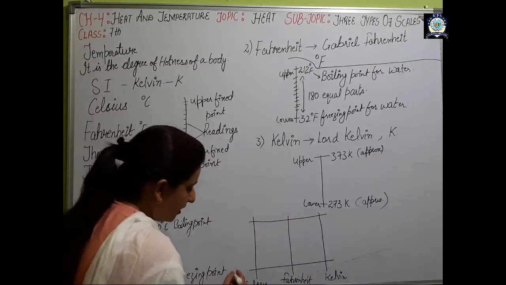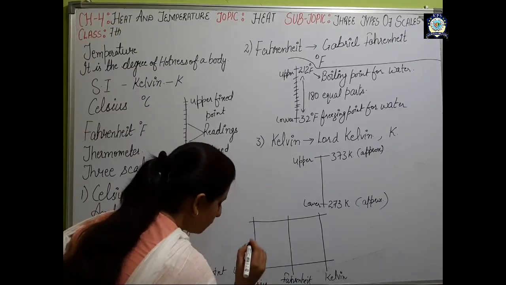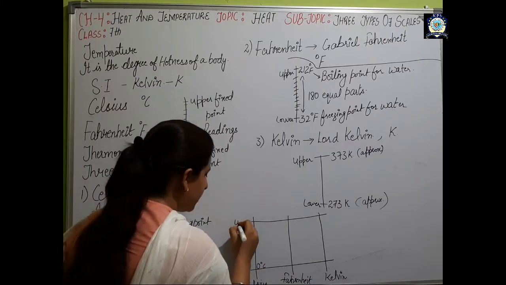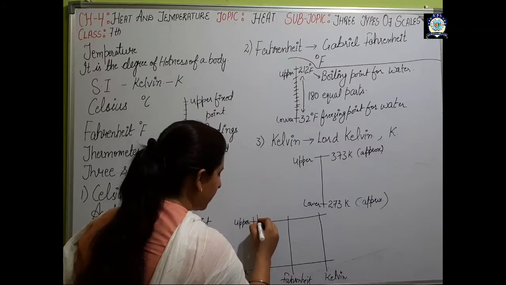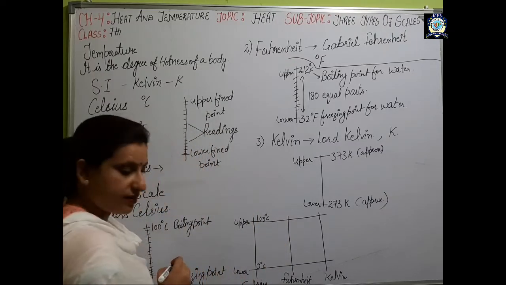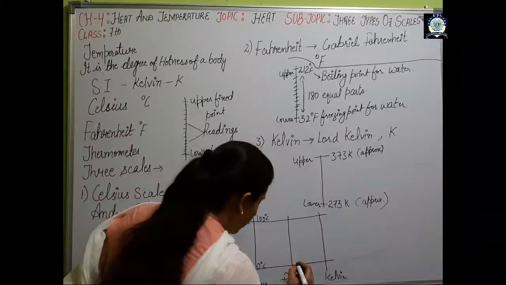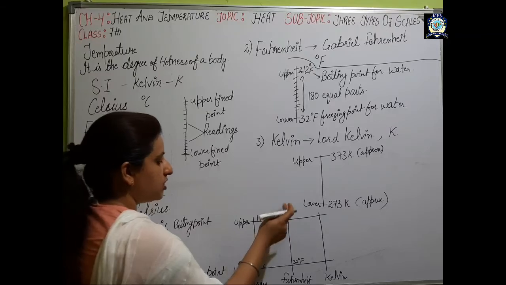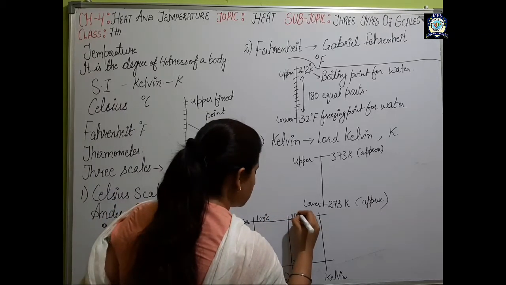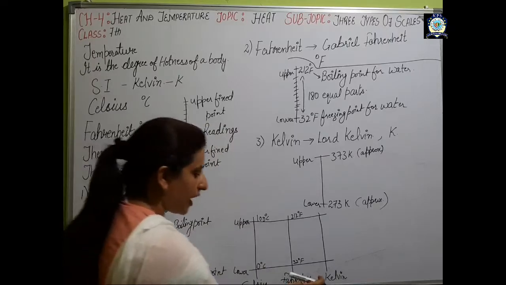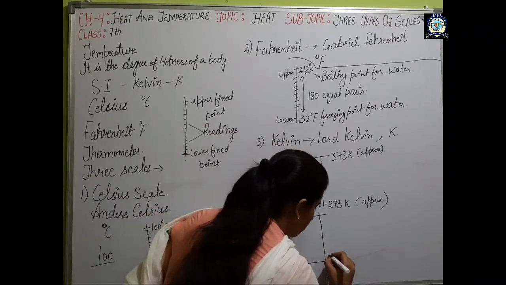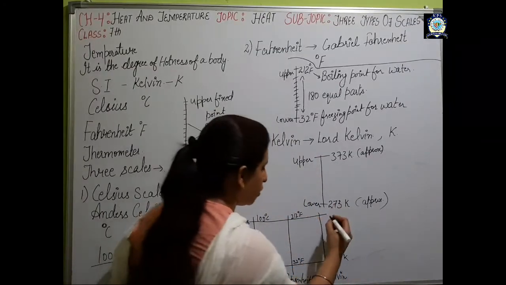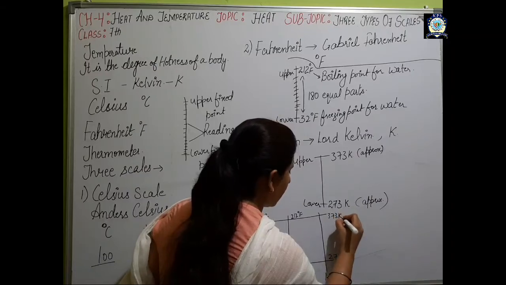In the Celsius scale, the lower fixed point has the value of 0 degree Celsius and the upper fixed point has the value of 100 degree Celsius. In the Fahrenheit scale, the lower fixed point has the value of 32 degree Fahrenheit and the upper fixed point has the value of 212 degree Fahrenheit. In the Kelvin scale, the lower fixed point has the value of 273 Kelvin and the upper fixed point has the value of 373 Kelvin.